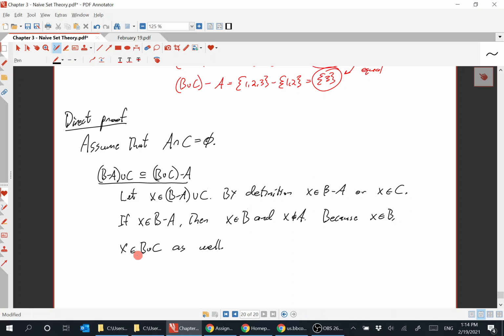Okay, so X is in B union C, and X is not in A. Which means what? We have that X is in B union C, and X is not in A. Therefore, what?